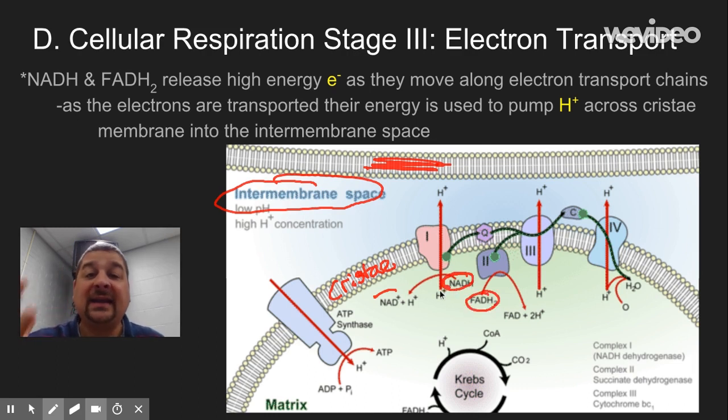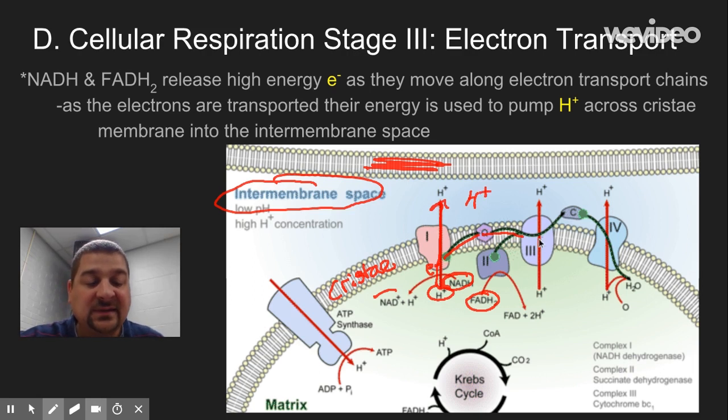Remember, they're like electron dump trucks. They stop here and drop off their high energy electrons. As these electrons are passed down this chain, that's why it's called the electron transport chain, sort of like we talked about in class, like a hot potato, it loses energy. That energy is used to pump hydrogen ions out into this space.